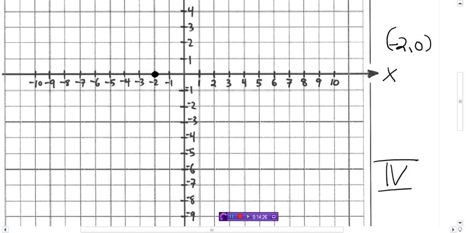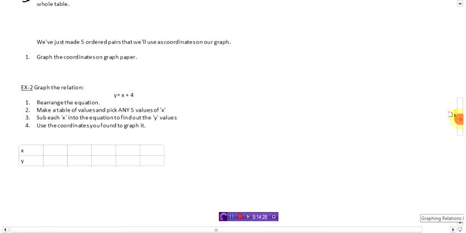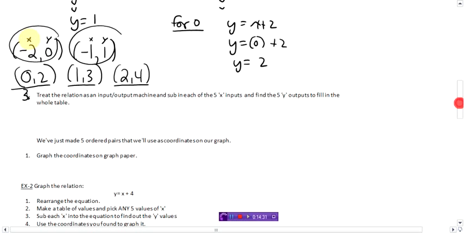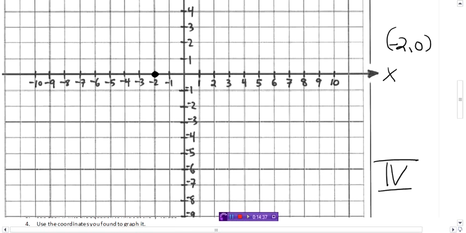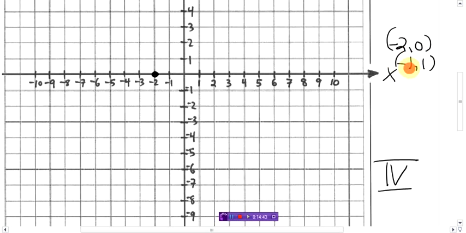What was the next point we had to graph? Negative 2, comma 0 is done. Now it's negative 1, comma 1. Negative 1 here. So again, negative 1, comma 1. Negative 1 on the x, 1 on the y.